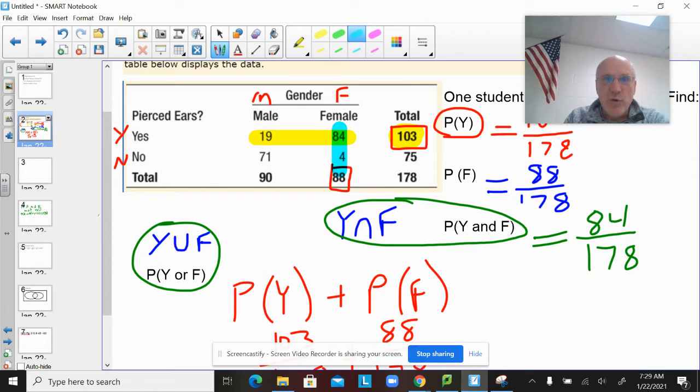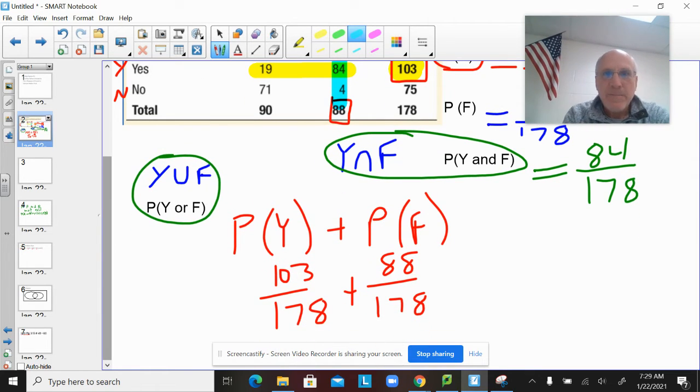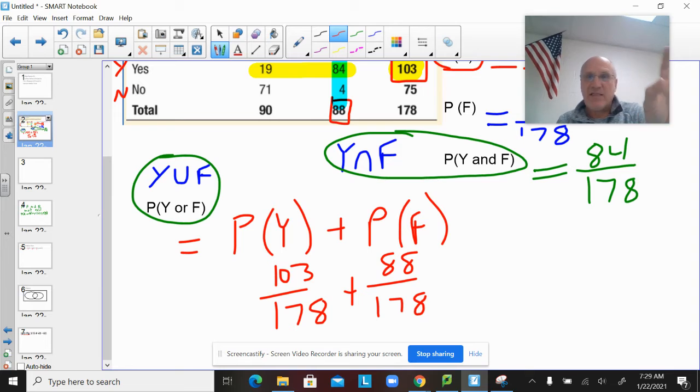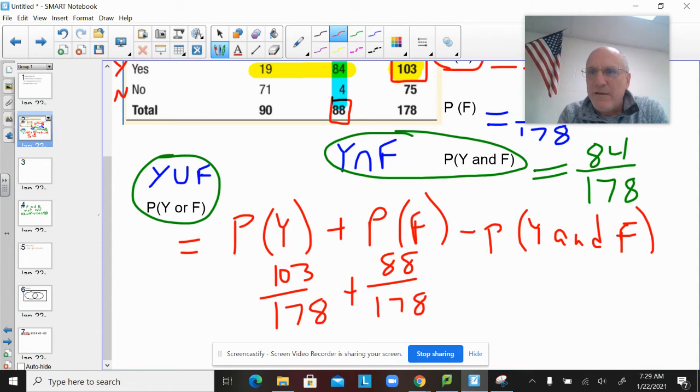So what you have to do here, and I'm going to finish this formula, to find the probability of Y or F, you take the probability of Y, which is 103 out of 178. You add the probability of F, which is 88 over 178, and then you have to subtract the overlap, Y and F. It's really important that you understand what's going on here. This is how I remember it: we're not subtracting the overlap to not count it at all.